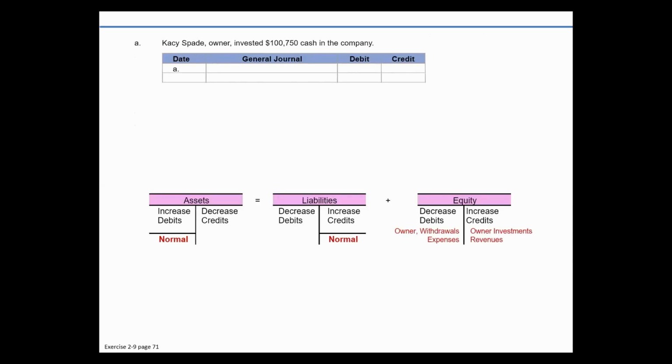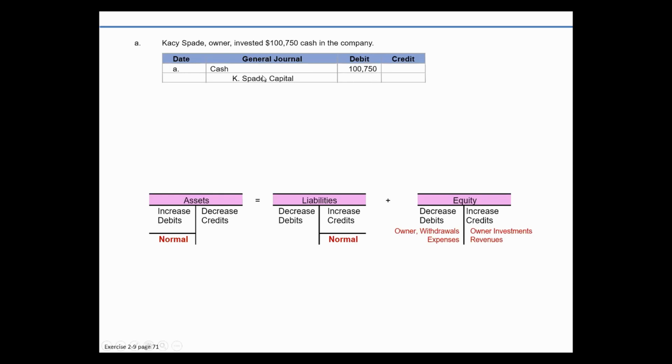The first entry we have to make is that Casey Spade, owner, invested $100,750 in cash in the company. I'll let you guide me. What would I debit first? Well, we would have to debit cash, the amount of $100,750. The reason is that cash is an asset, so it increases with debits, and it's on the normal side.